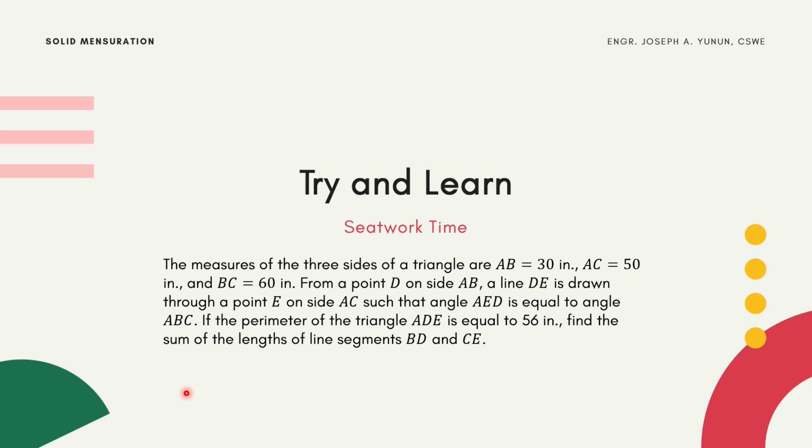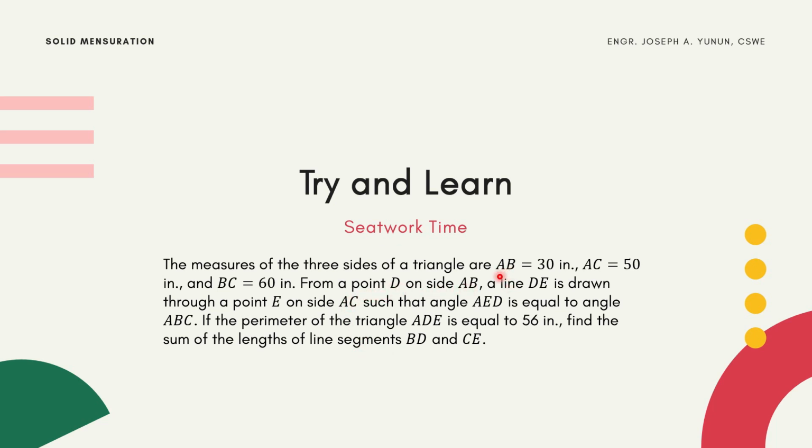For example, side AB is 30, side AC, from vertex A to C, is 50 inches, so probably that is much longer than side AB. And then when you draw side BC, which is 60 inches, probably it is longer than the two sides of the given triangle. Then you start drawing from a point D on side AB.